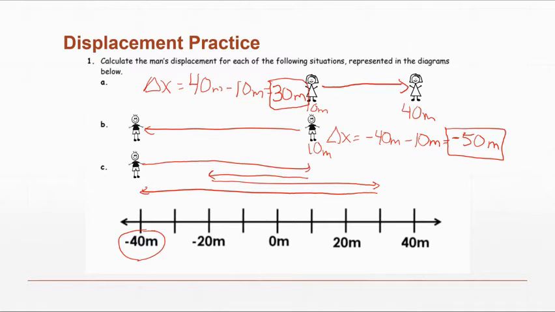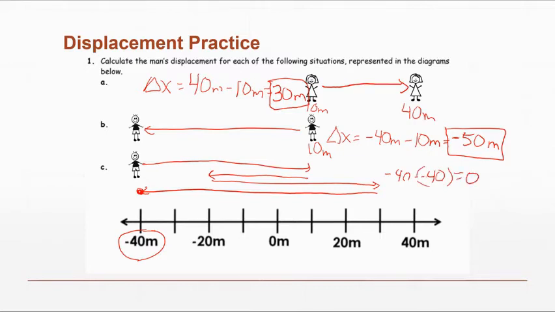And so once he's come back home, here he is back at home. What is his displacement? His displacement in this case is going to be 0. His displacement is 0 because his final position is negative 40 minus negative 40. And that's going to end up giving you 0.